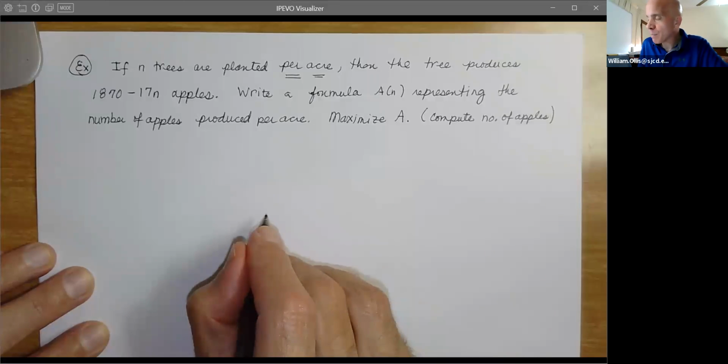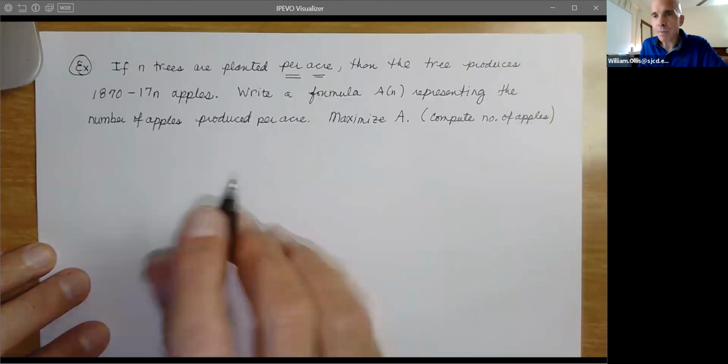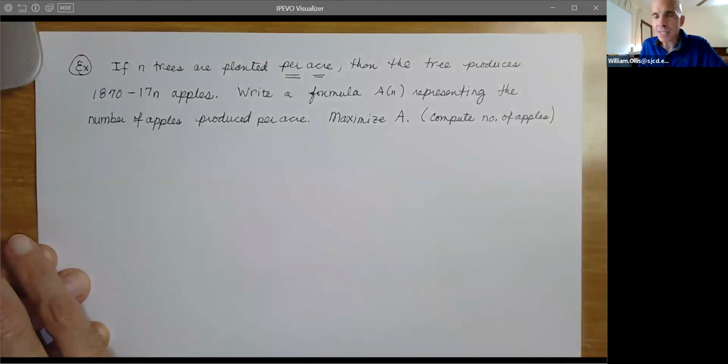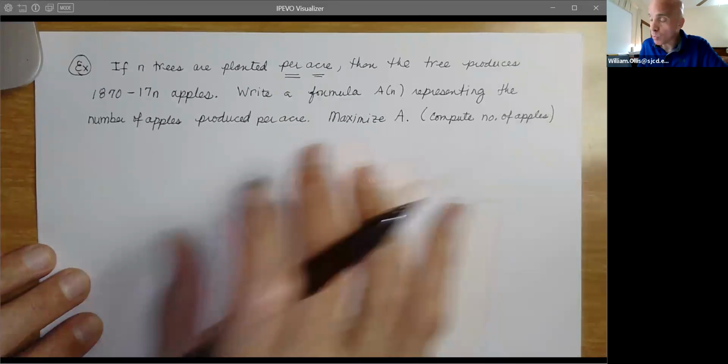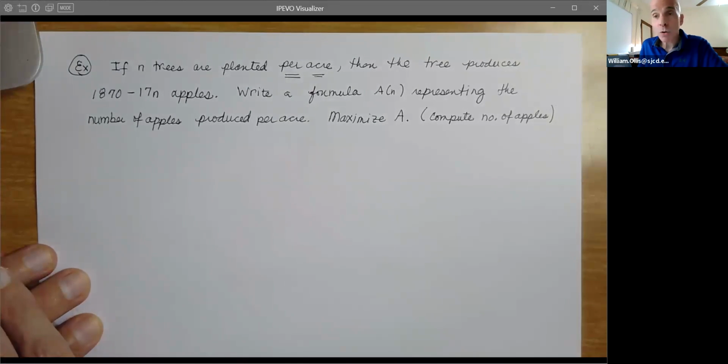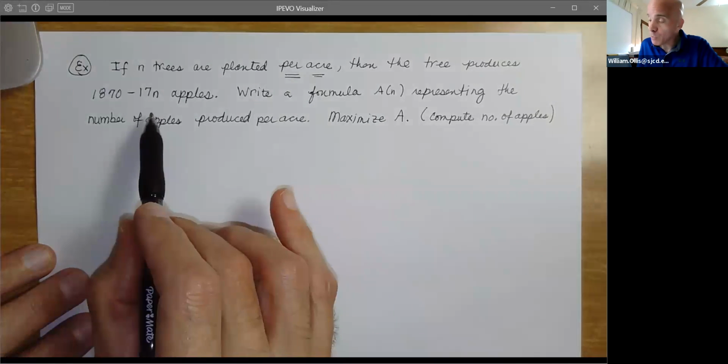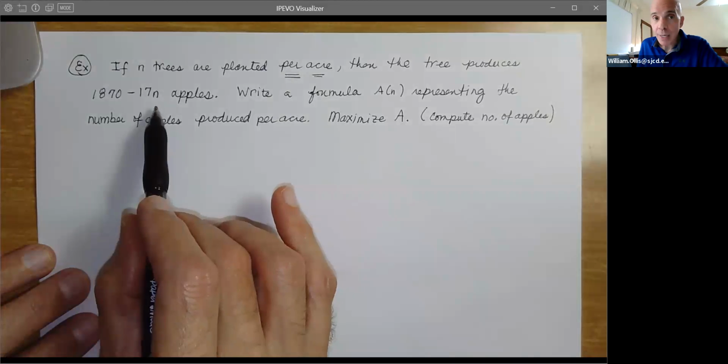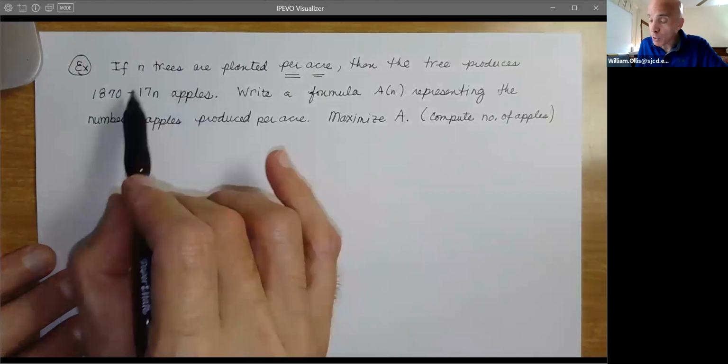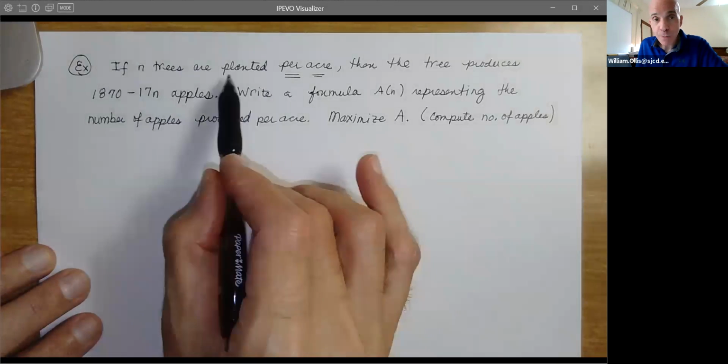So if we want to maximize A, we want to find the optimum number of apples that each tree should produce, and then figure out what the actual output is going to be. So we're going to do the same thing we did for the last one. Now, of course, if this gives you the output per tree, then we need to multiply this by the number of trees per acre.